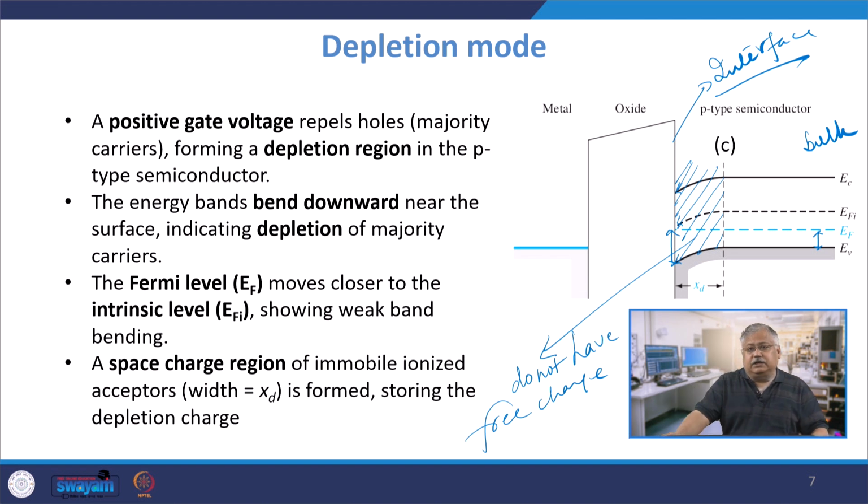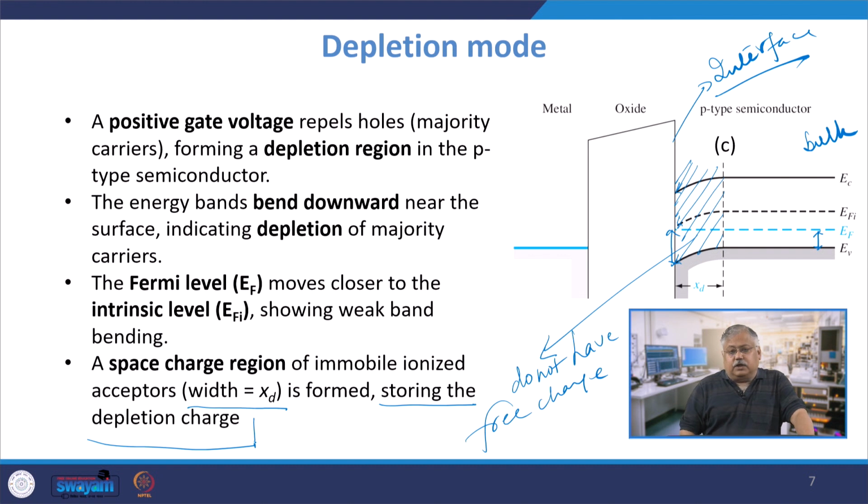At the bulk nothing changes, everything is an interface phenomenon in this case, which means that the space charge region XD is primarily a strong function of the doping concentration of the substrate, because the doping concentration of the substrate gives you the number of free holes in the bulk, right, and that is the reason the width XD has been taken into consideration, and they are storing the depletion charge in this case.